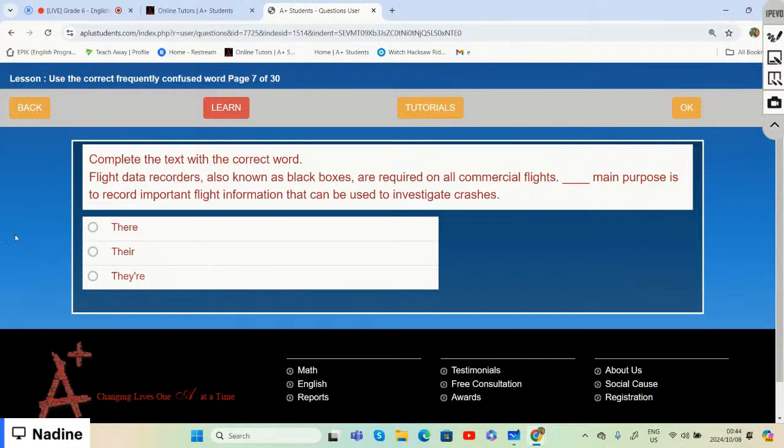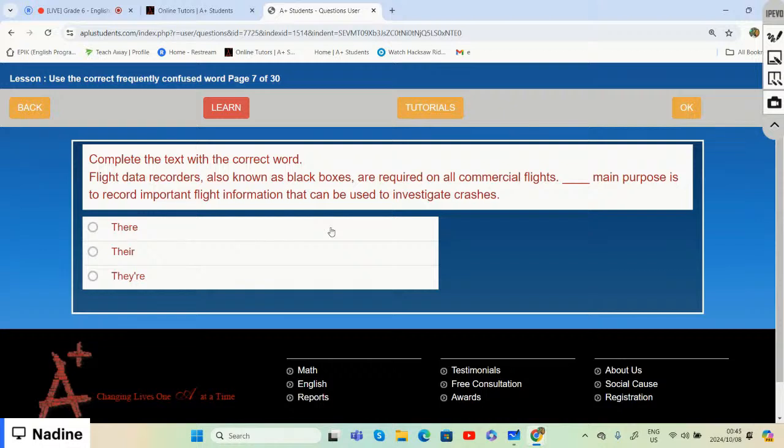All right, the next one says flight data recorders, also known as black boxes, are required on all commercial flights.